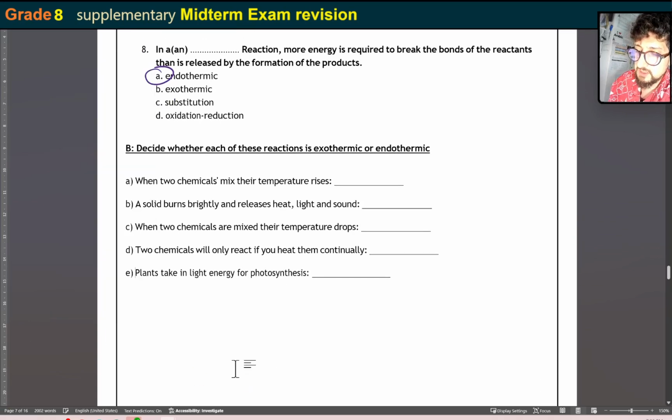Okay, decide whether each of these reactions is exothermic or endothermic. When two chemicals mix, their temperature rises. That is exothermic. Okay. A solid burns brightly and releases heat, light, and sound. Certainly exothermic. When two chemicals are mixed, their temperature drops. That is endothermic.